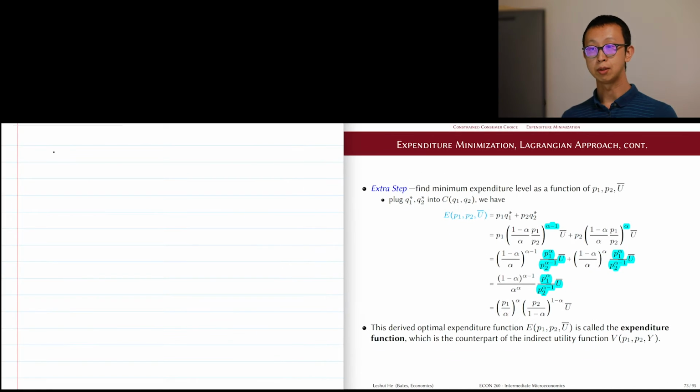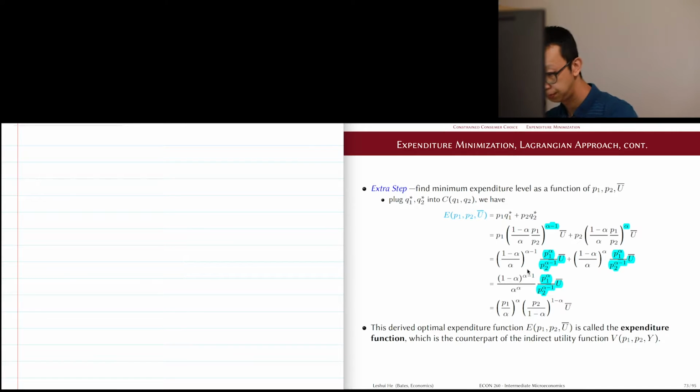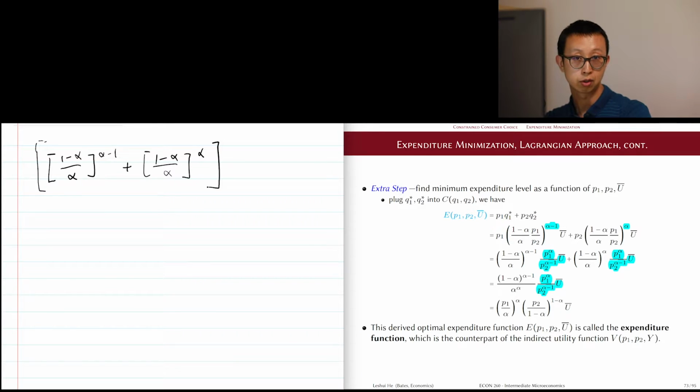Once I factor out this expression here, the inside becomes 1 minus alpha over alpha to the power of alpha minus 1 plus 1 minus alpha over alpha to the power of alpha. The entire thing is multiplied by this common factor of P1 to the power of alpha over P2 to the power of alpha minus 1 times U bar.